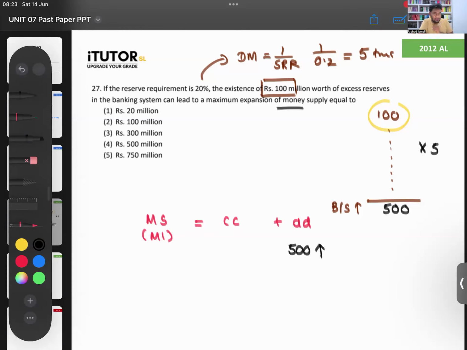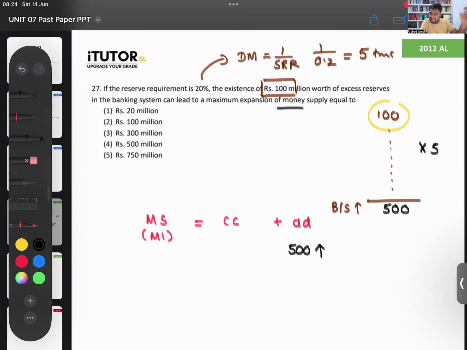Is the currency held by public changing? Usually currency held by public will change if a customer deposits money. If he deposits money, then currency held by public will come down. If a customer withdraws and takes money, then the amount he has goes up, then currency held by public goes up. Is anything like that happening in this question? Is a customer depositing money or is a customer withdrawing money? Nothing like that.